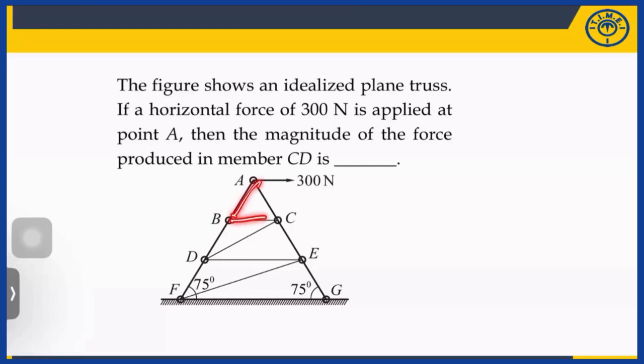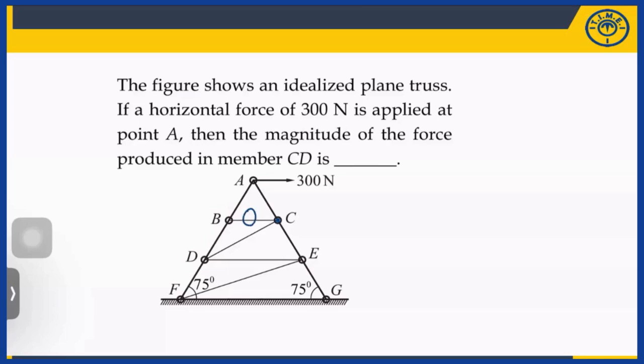Out of these three members, which are collinear? AB and BD. Okay, so if these two are collinear and three members are meeting, can I say force in member BC is zero? Yes, sir. That is the meaning of the special condition. So this is a zero force member.